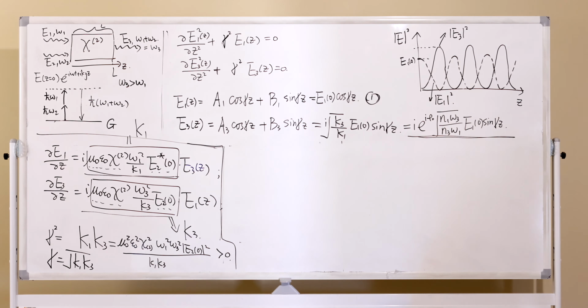But what it suffers from is that the number of photons in your output is capped by the number of photons in your E1. So there's no amplification process here. At its best, you could do a 1-to-1 conversion, 100% conversion from E1 to E3, and that's all you can do.